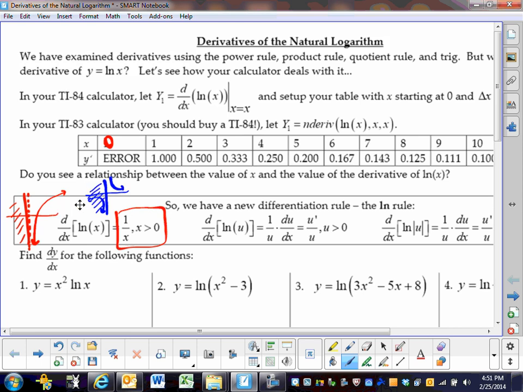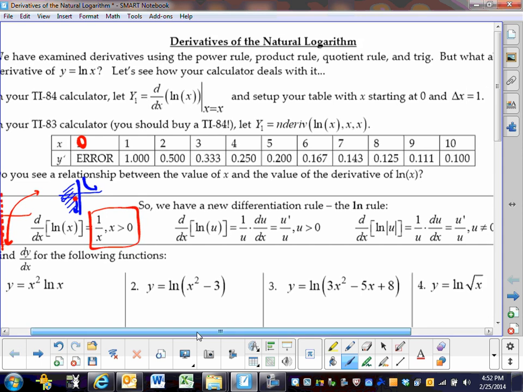However, we only get the part for x greater than 0. If you don't have a graph, you can't have a derivative or a set of slopes. So I couldn't say that the derivative of natural log at -1 is -1, because I don't even have a graph there in the first place. There is no derivative for the graph on the left-hand side.